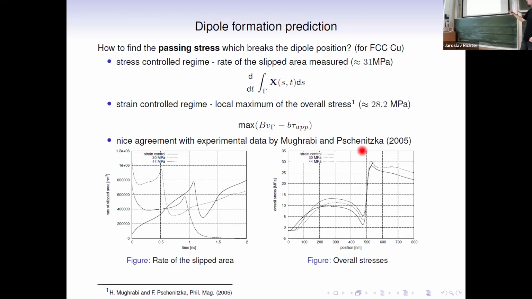With the local maximum, we identified this kind of stopping stress according to the theory. Our result is that for the same geometrical configuration and the same material configuration, the value of this passing stress differs approximately by 10%. And what was very satisfying, our calculations fitted very nicely to the data provided by these two guys.